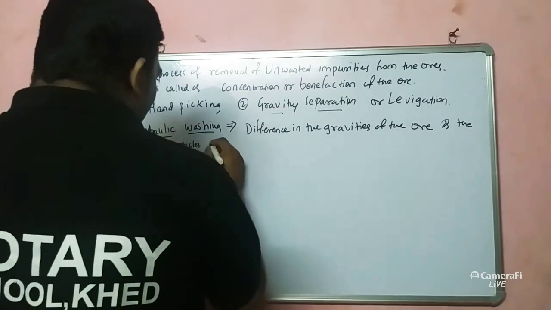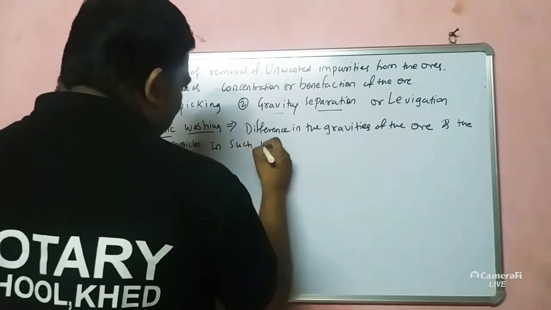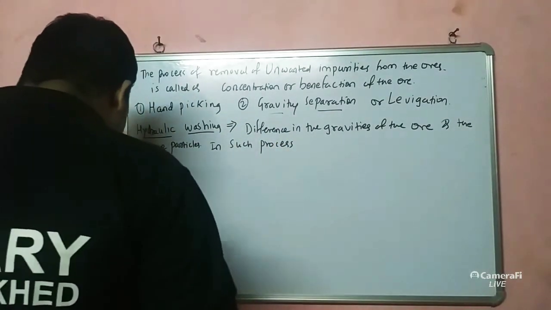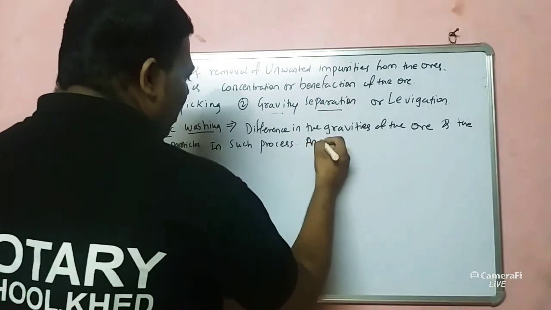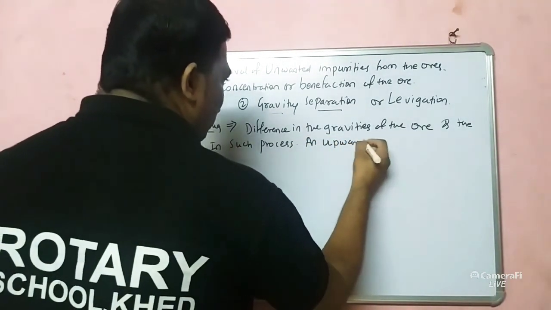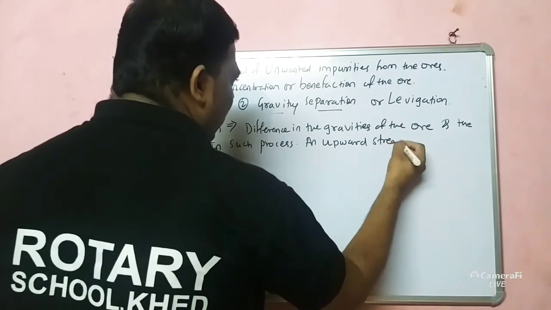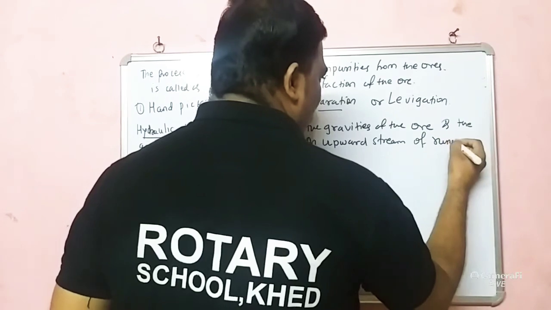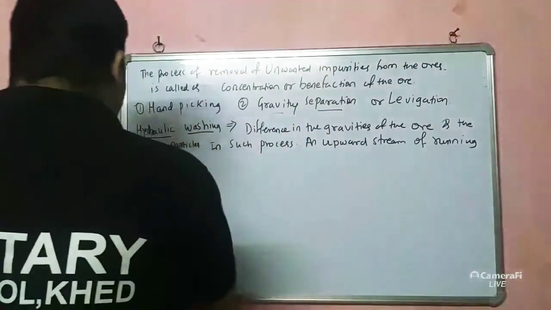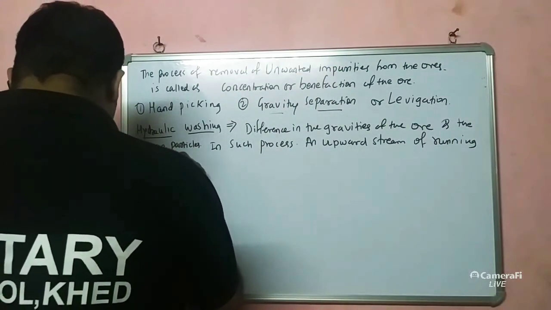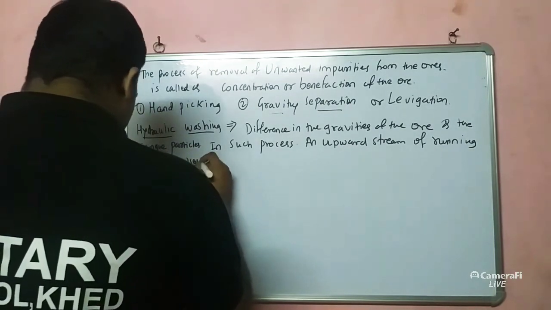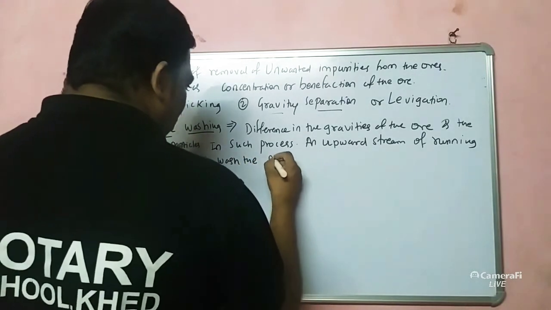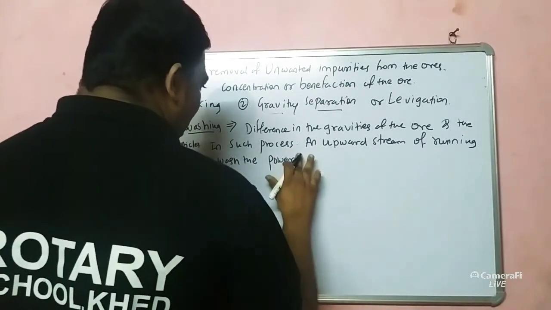Now in this process, what will happen? An upward stream of running water is used to wash the powdered ore.